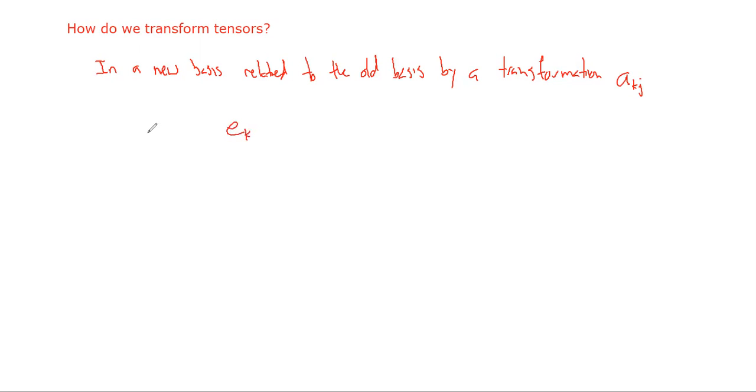So e_k hat, and then A. Now we can do Einstein summation stuff. Because of the properties of the transformation matrix, unit vector goes in, unit vector comes out. This is how we transform basis vectors.